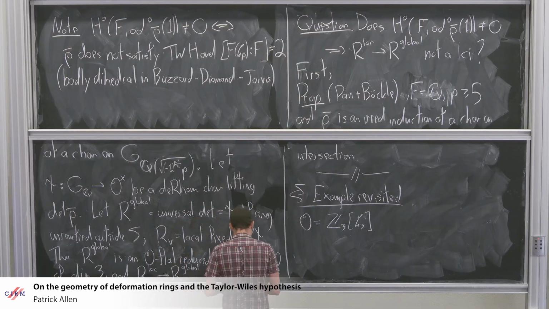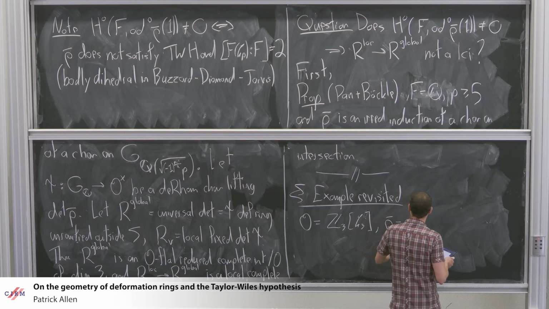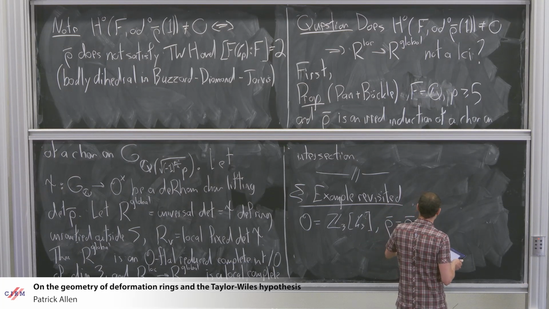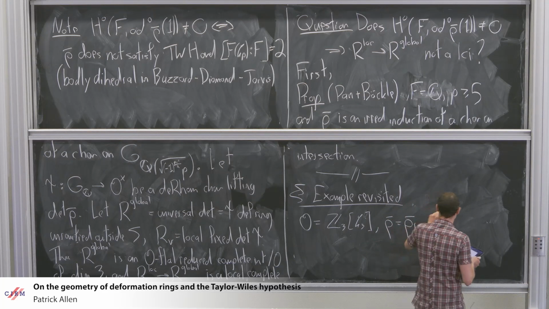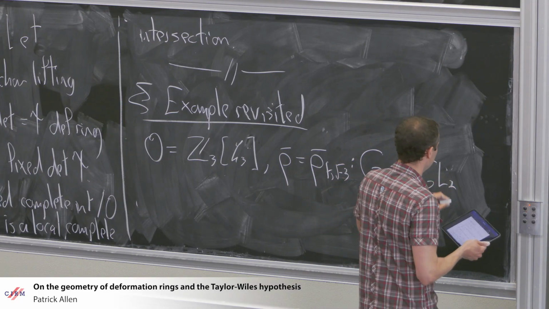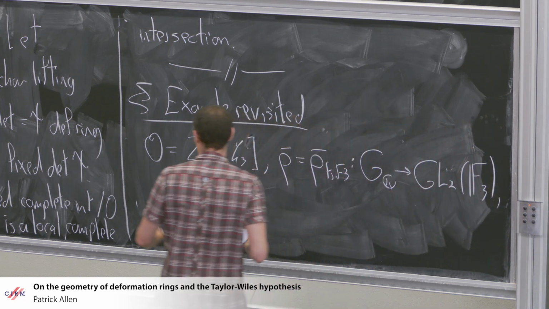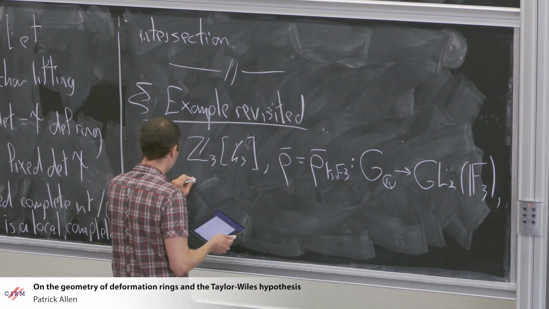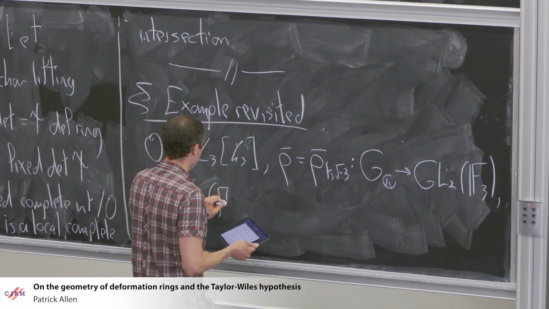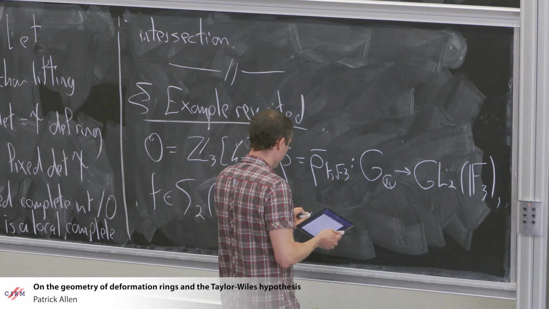So rho is equal to rho bar_f, square root of -3, from G_Q to GL_2(F_3), for f inside S_2(Gamma_1(13), O) as before.